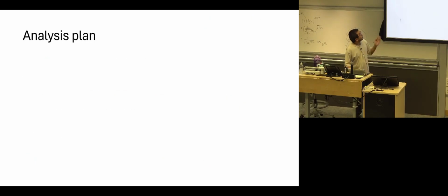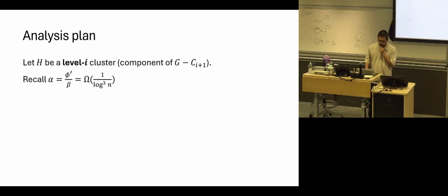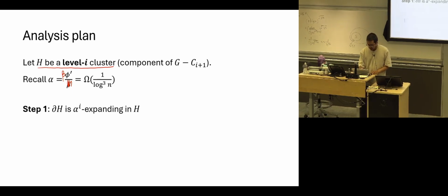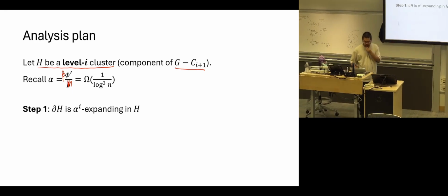So now our plan is here. My plan is this. If I look at H, which is the level I cluster, which is just a component of G minus Ci plus 1, from the last slide, I claim that the boundary of H is expanding.